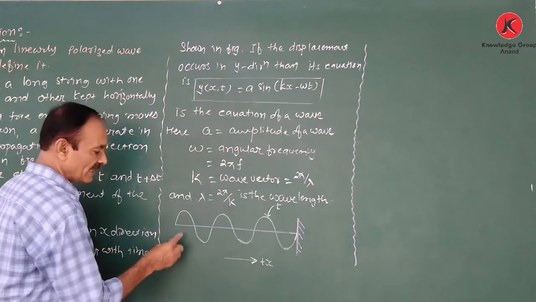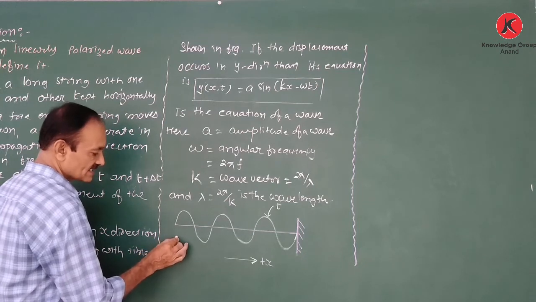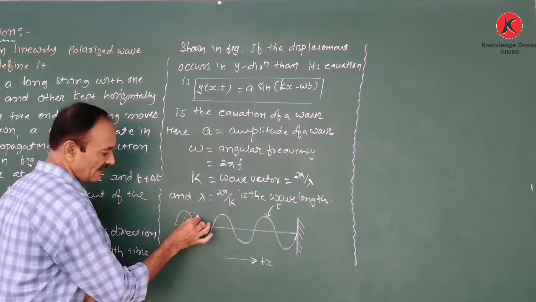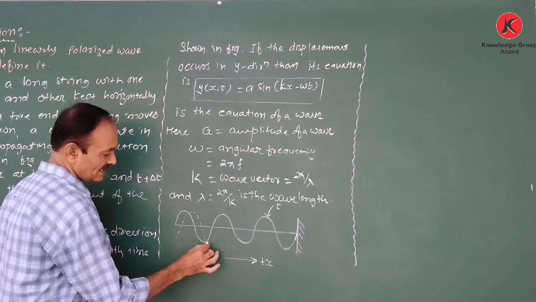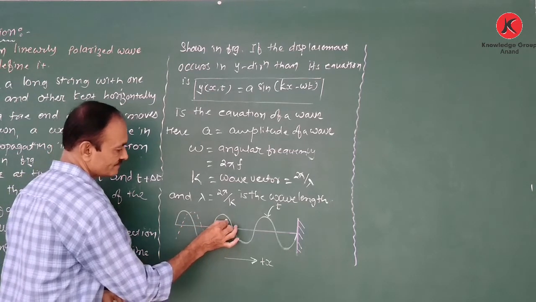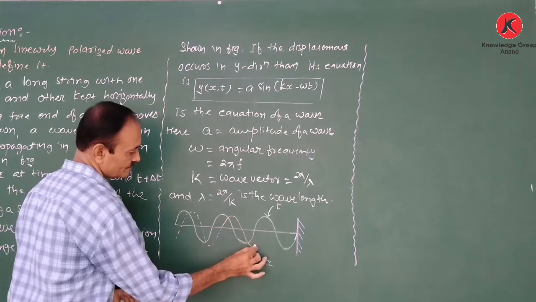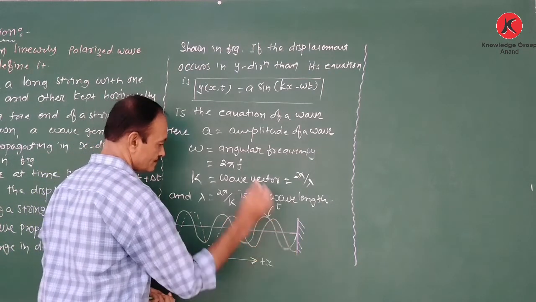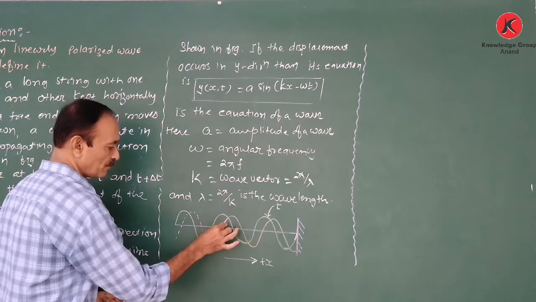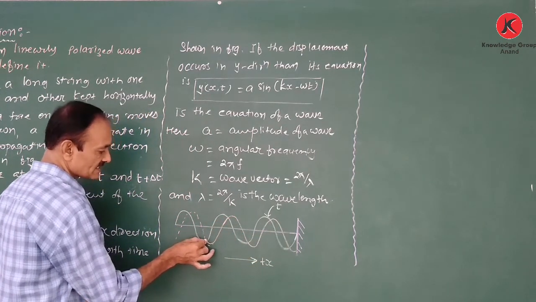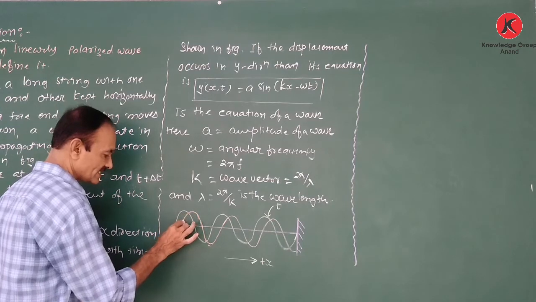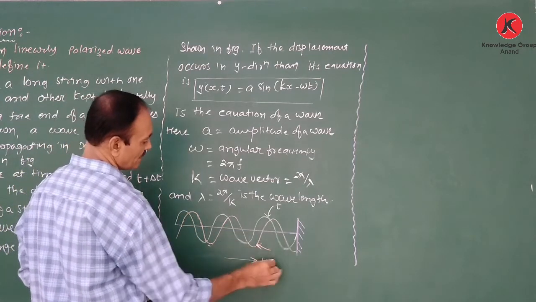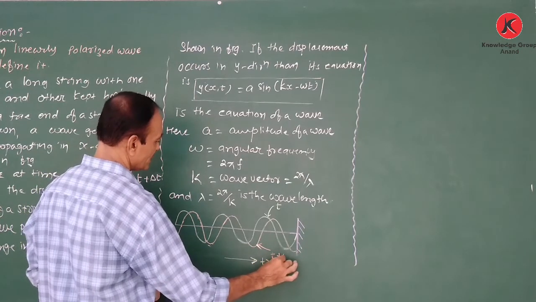After some interval of time, the wave looks like this, which means the disturbance has traveled a distance in the x direction. So the position of the disturbance after time t plus delta t is shown here.